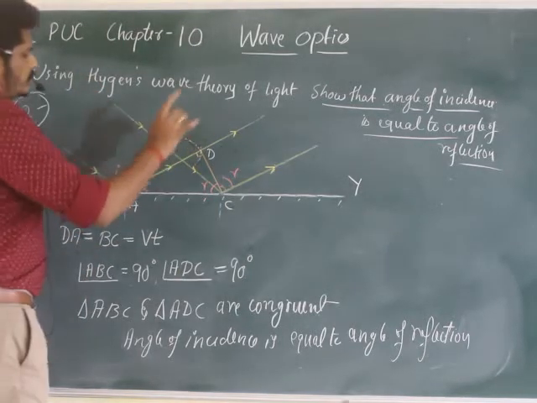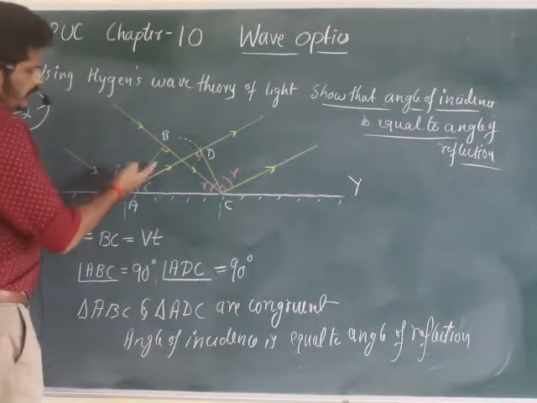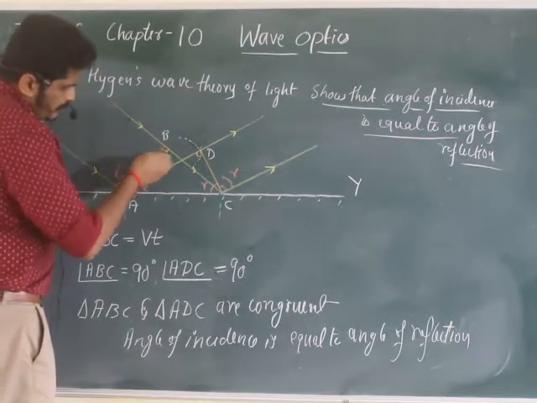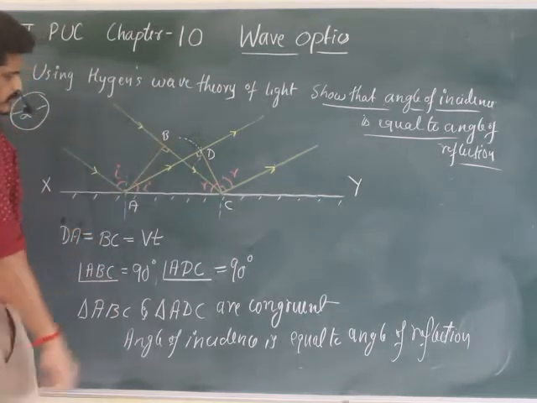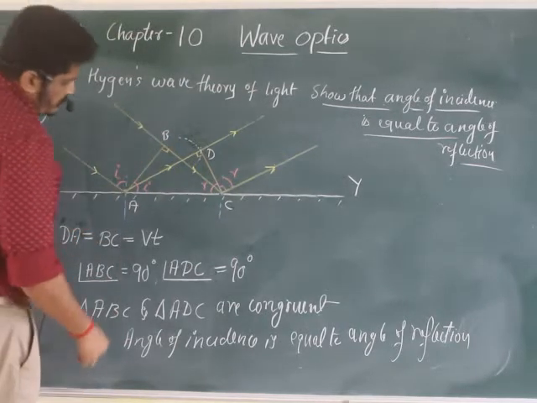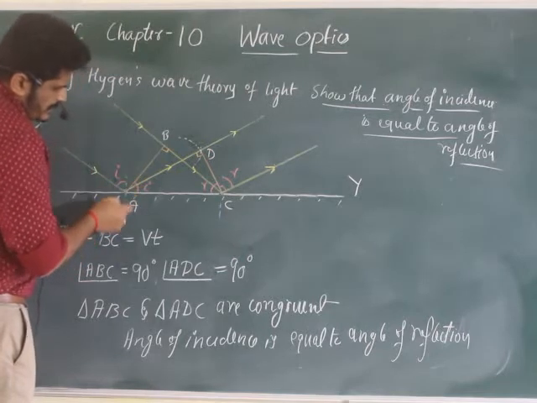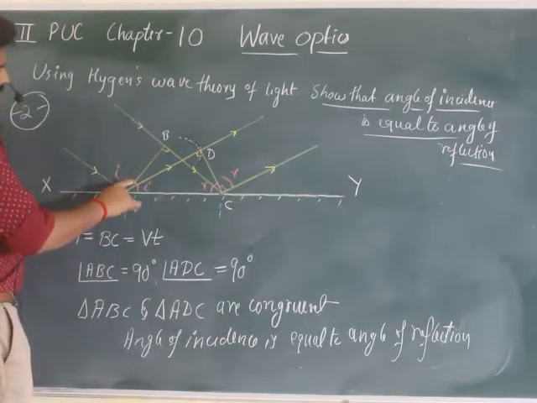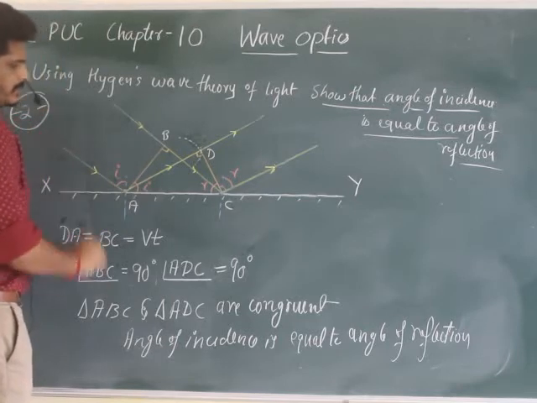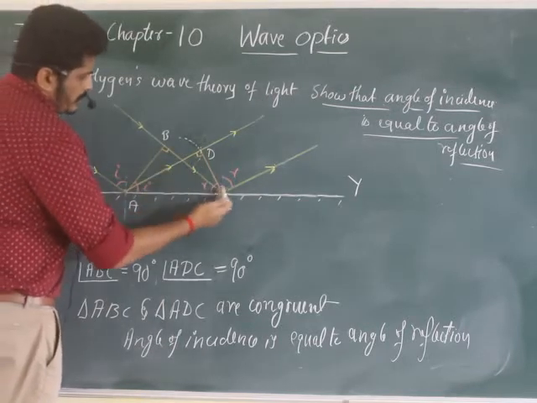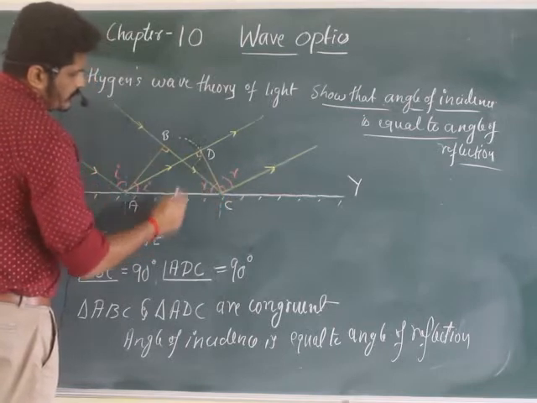First will undergo reflection, and BA is the plane wavefront. We use basic maths here and we can show that the angle subtended here should be equivalent to the angle of incidence. And what about here? The ray of light undergoes reflection. Here also it should be one and the same.